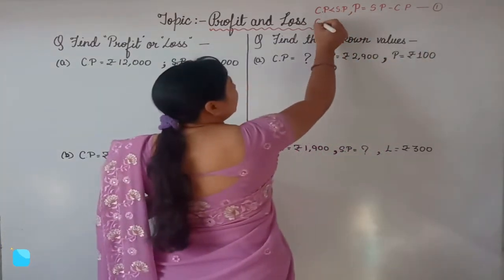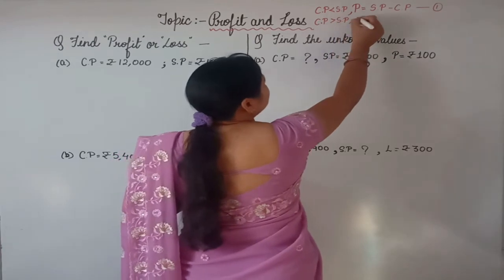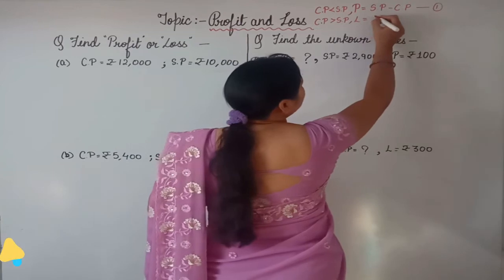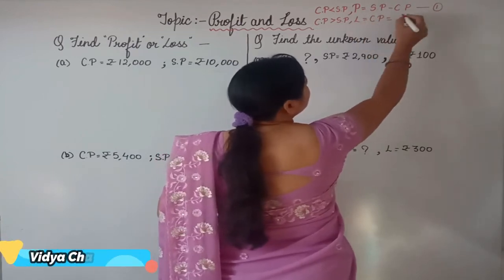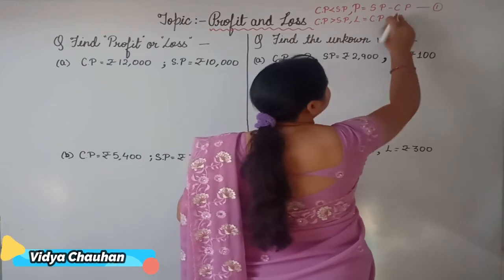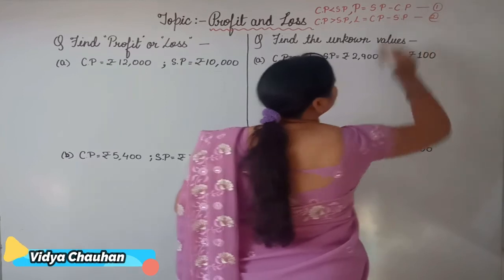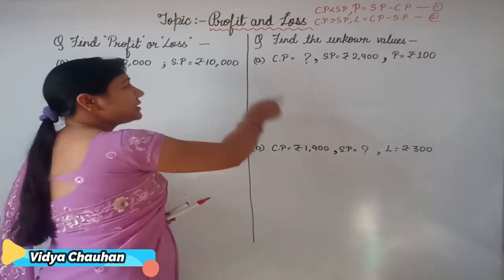Second condition, if CP is greater than SP, then it will be a loss, and the value of loss you can calculate by CP minus SP, and this is our second formula. We are going to use these two formulas to solve these questions.